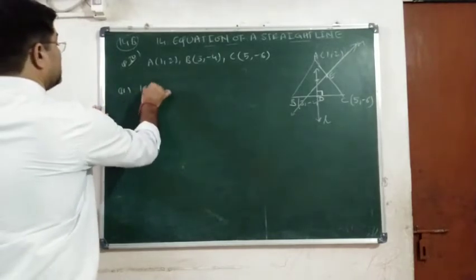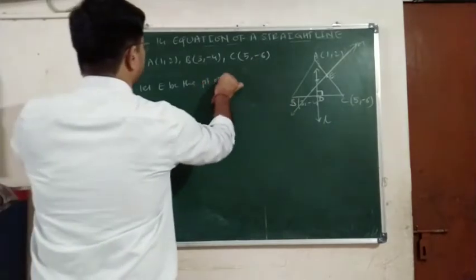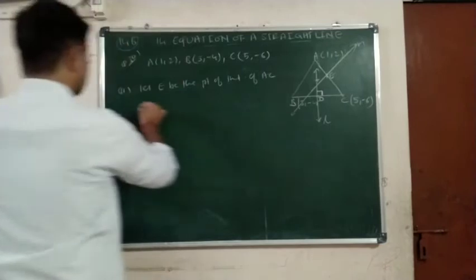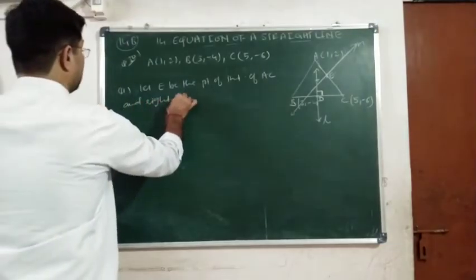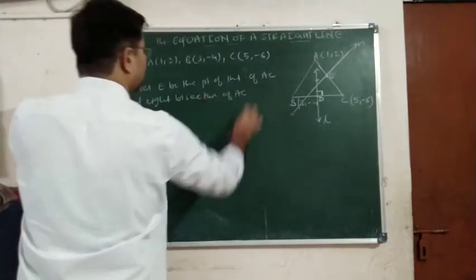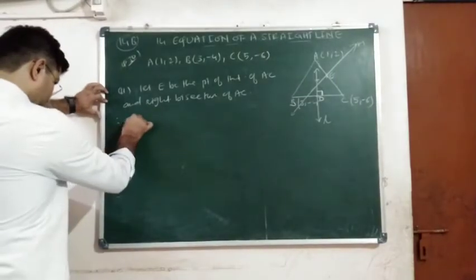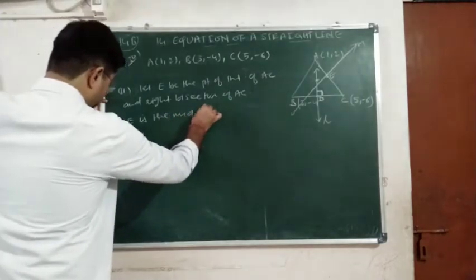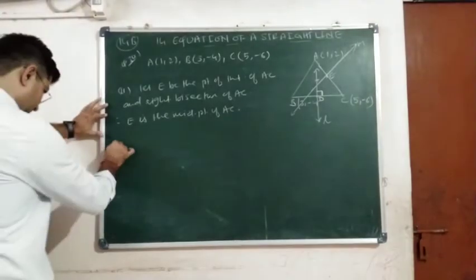Let E be the point of intersection of AC and the right bisector of AC. Therefore E is the midpoint of AC. Now we will calculate the coordinates of the midpoint.